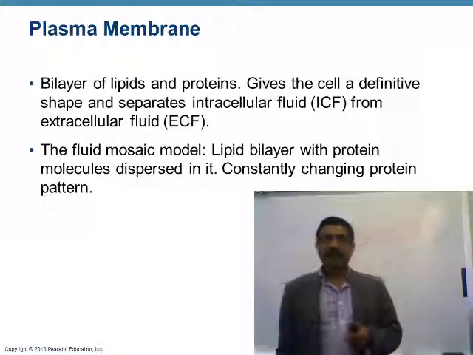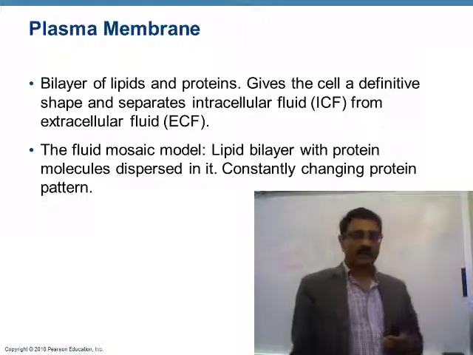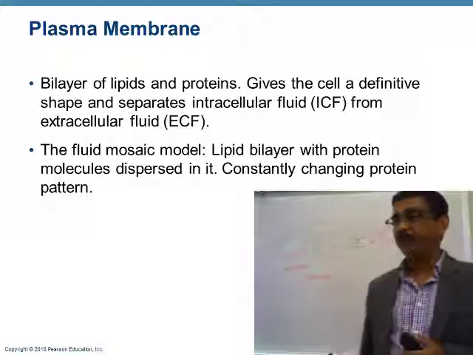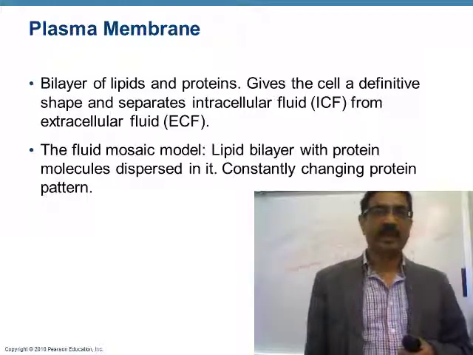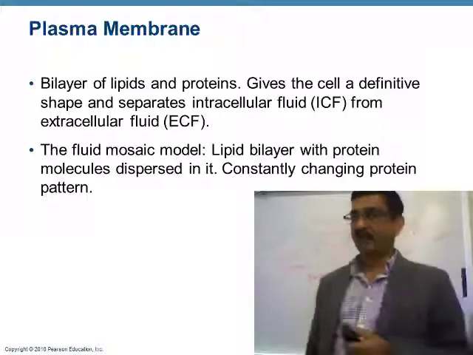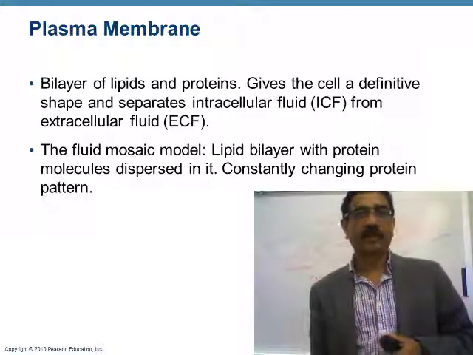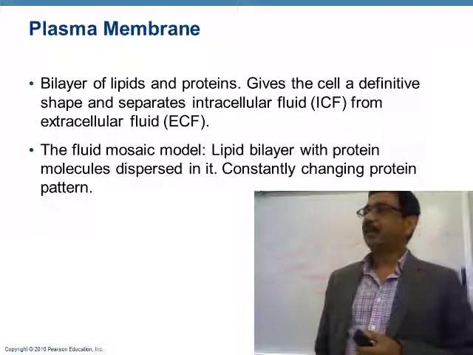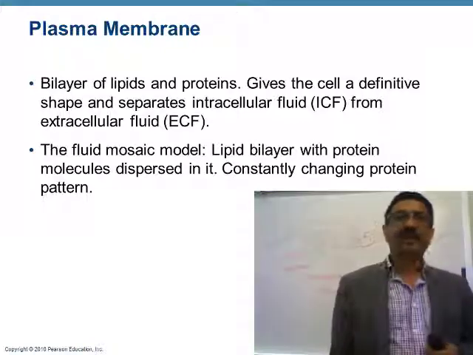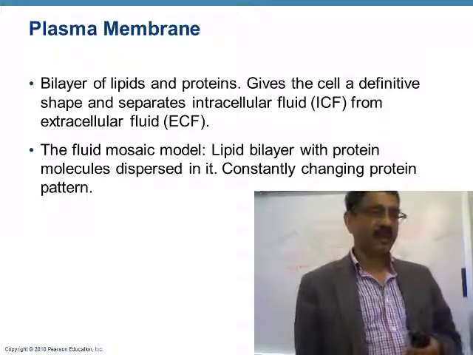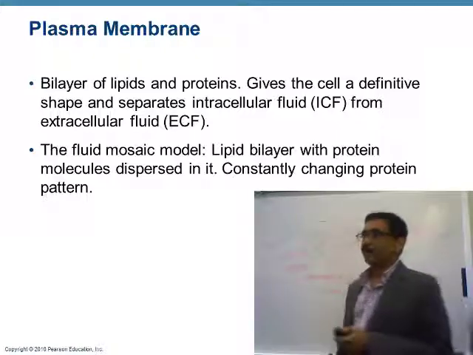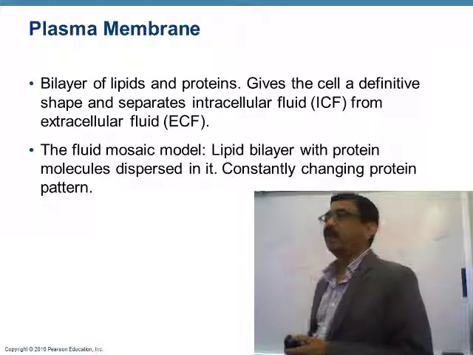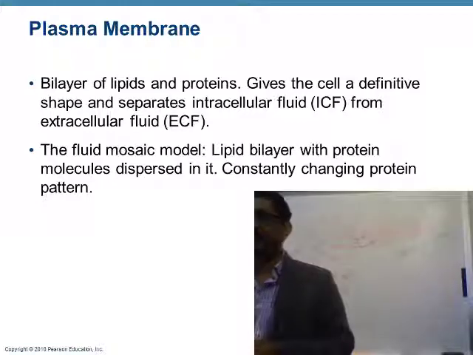Because intracellular fluid must be separated from extracellular fluid. So by giving a boundary, the cell membrane separates inside the cell from outside and maintains the internal environment of the cell.